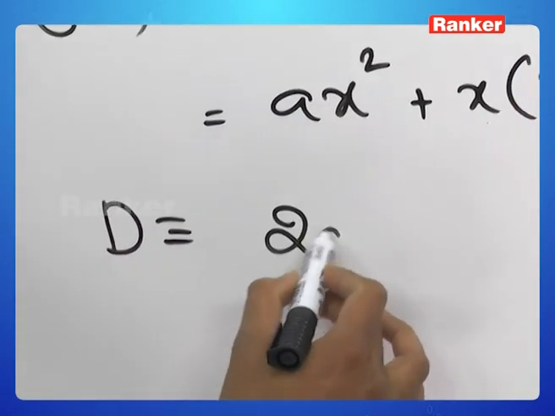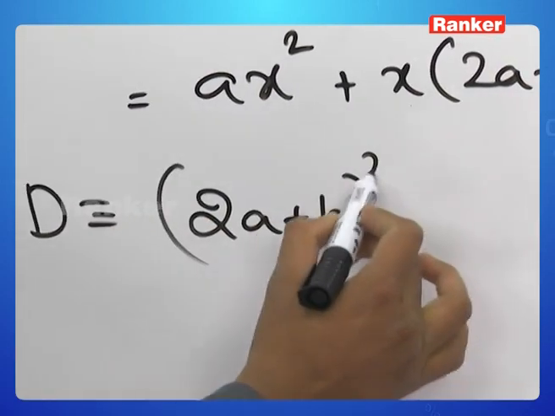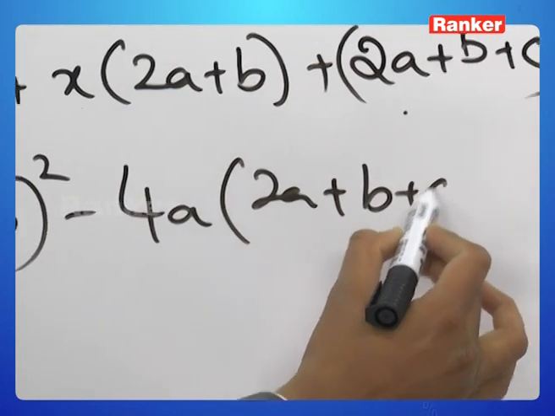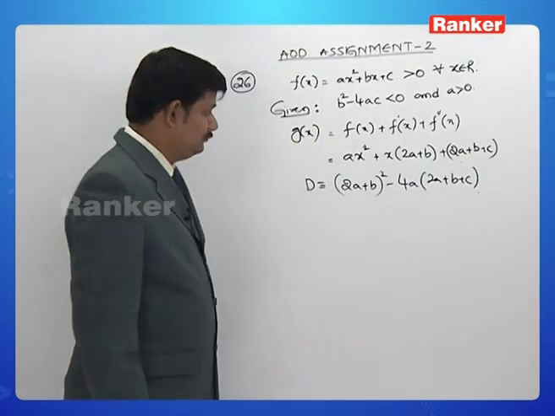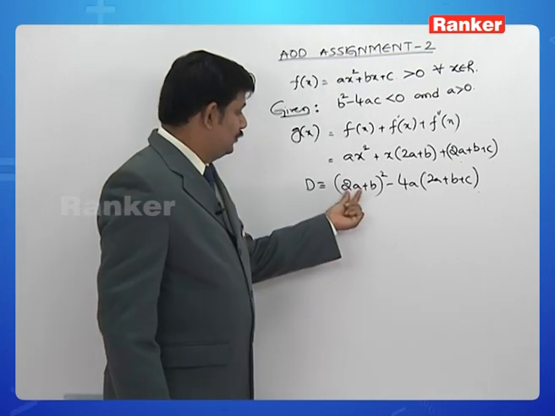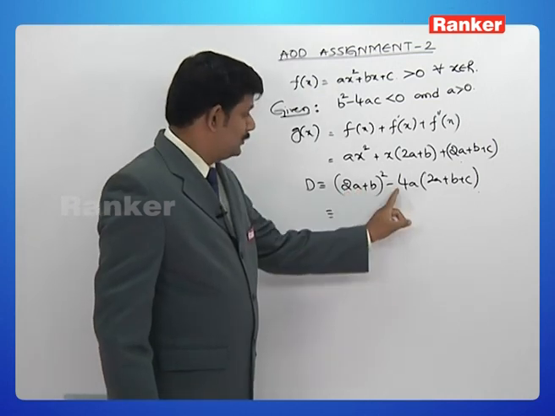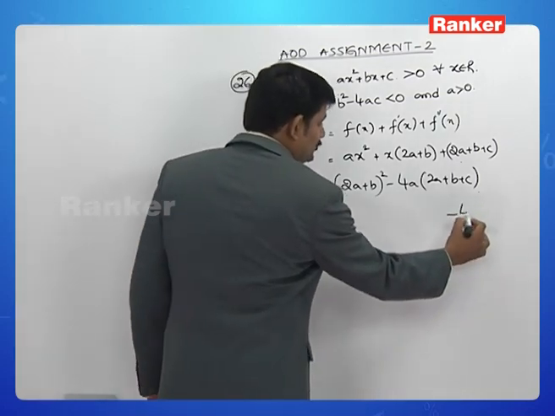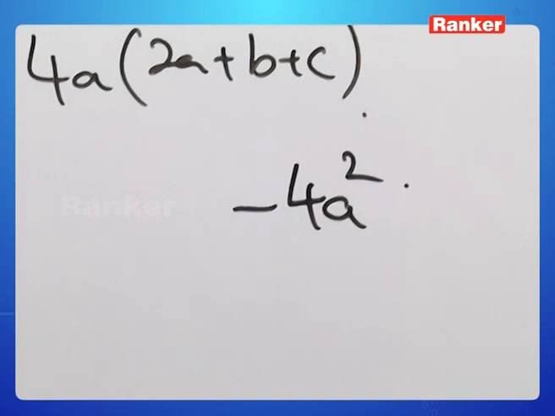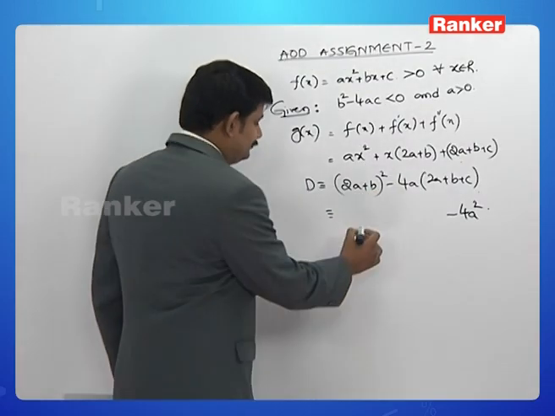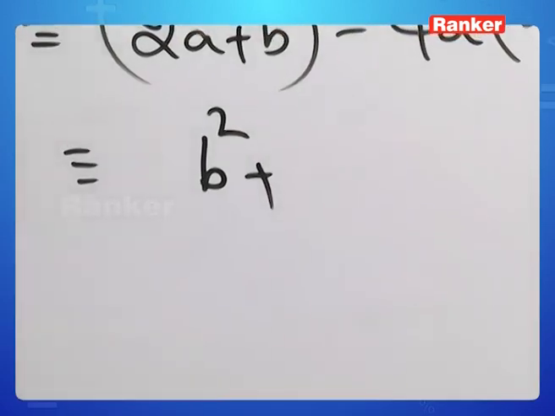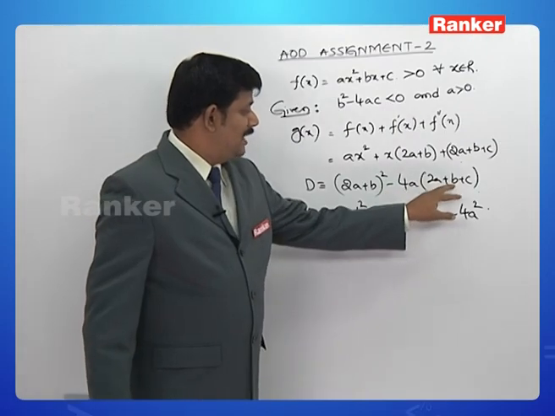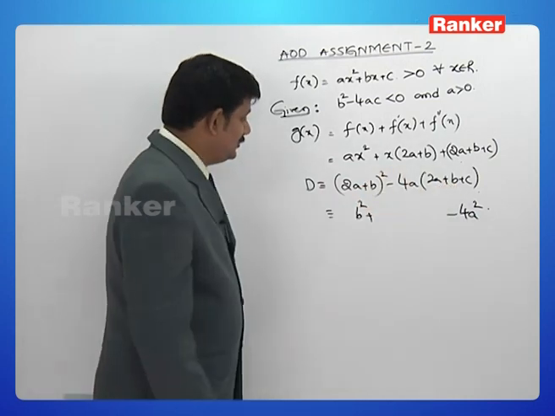B square, coefficient of x square is 2a plus b whole square minus 4ac minus 4a into 2a plus b plus c. This would be 4a square minus 8a square minus 4a square b square plus 4ab minus 4ab gets cancelled.